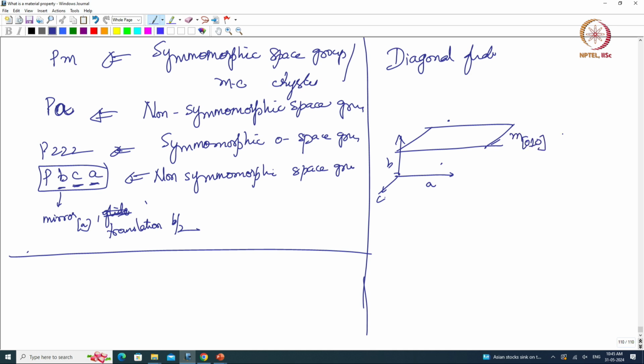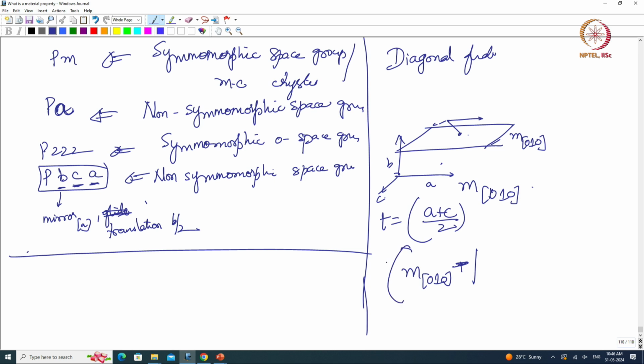Instead of moving along A or along C, I move diagonally, by A plus C by 2. The translation vector is A plus C by 2, whereas the mirror is about the B axis or 0 1 0. I am going to represent this operation in Seitz notation as translation about half 0 half. This is another glide operation, called the N glide or the diagonal glide.